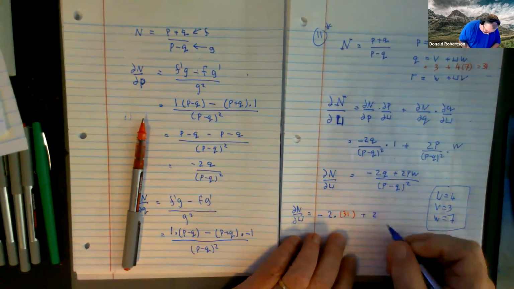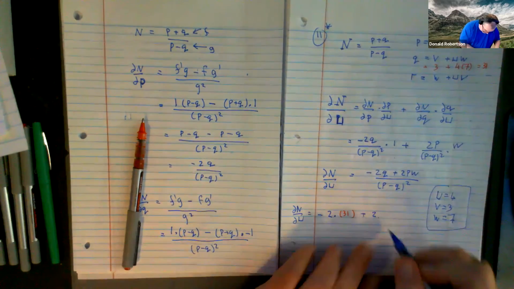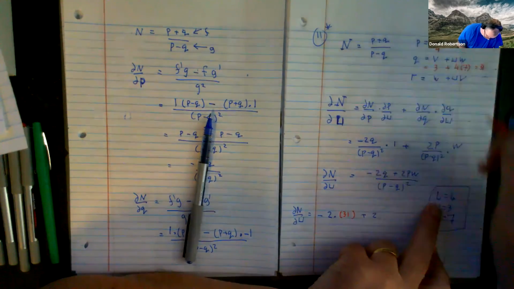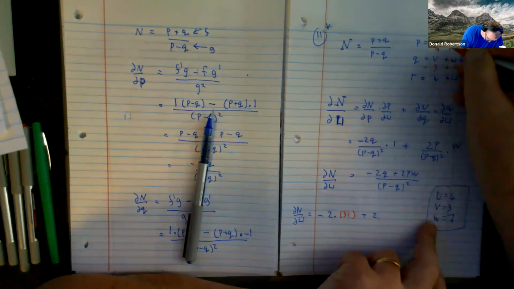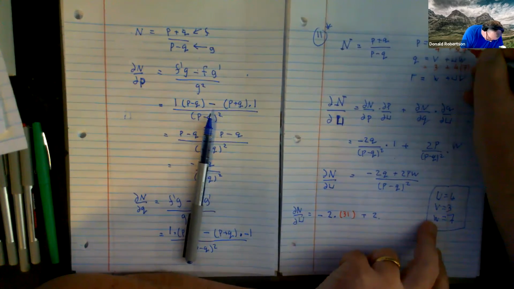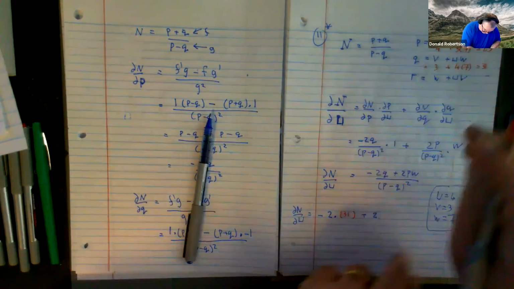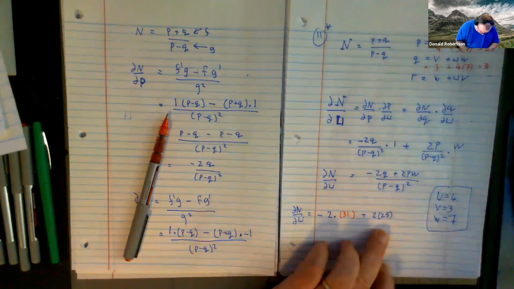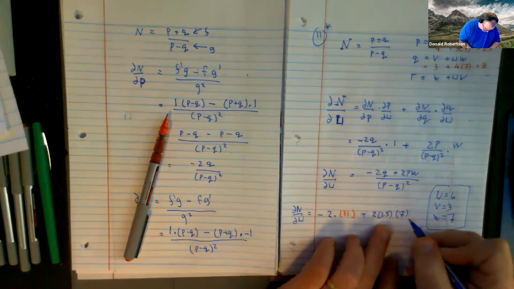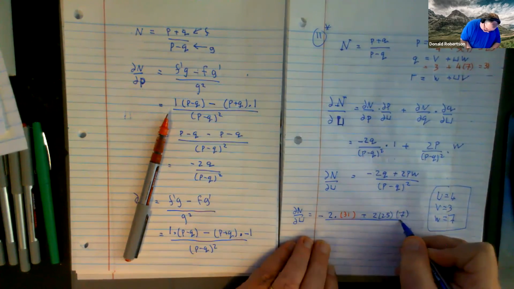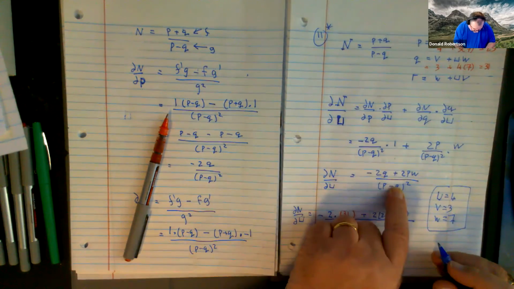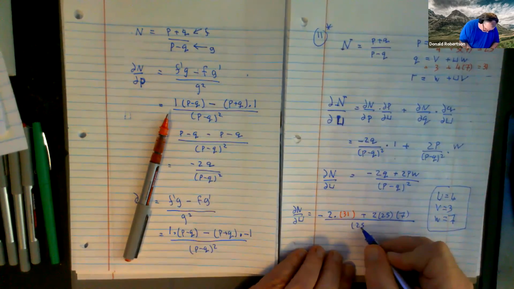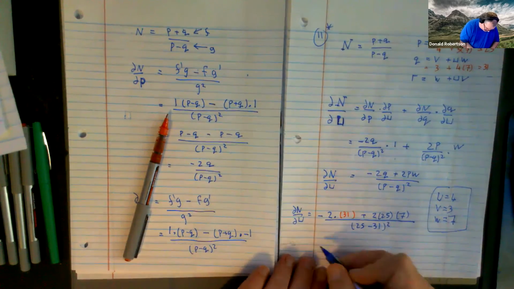Add 2 times P. Well, what do I know about P? It's U, which is 4, plus 3 times 7. So I believe that's 25. So P is 25, times W, which is just 7, all over P take away Q squared. 25 take away 31, squared.